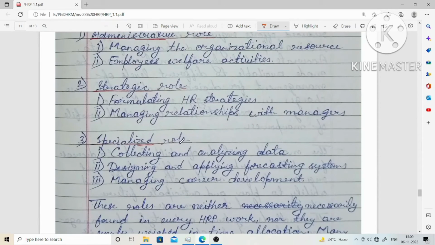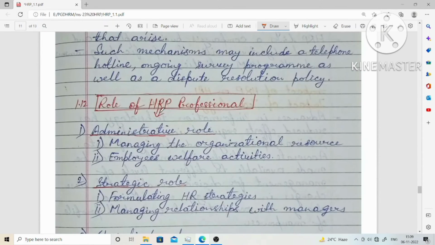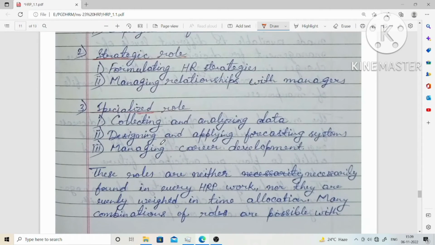Here given is the role of the HR professional. A specialized role, as I explained, involves collecting data, analyzing data, designing and applying forecasting systems, managing career development. These roles are not necessarily found in every HRP work. It is not necessarily that all these things are going to be included, nor are they evaluated in time or location.